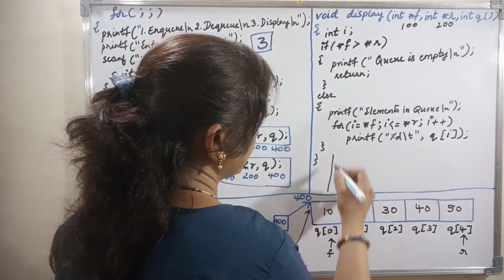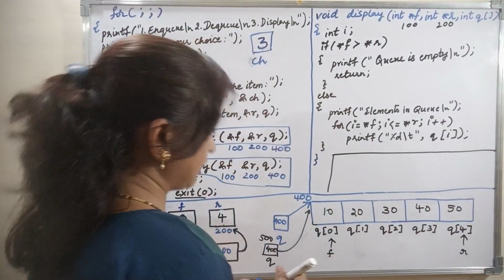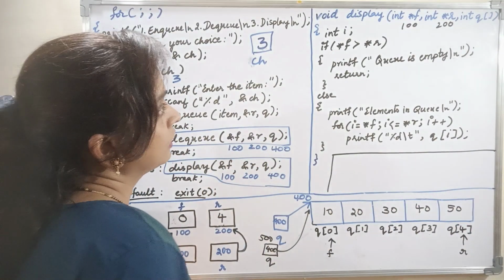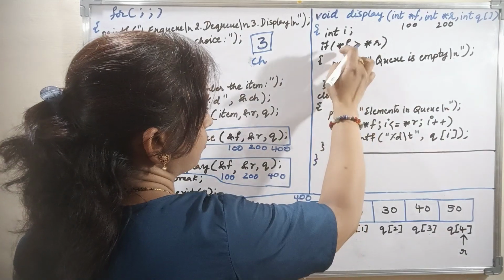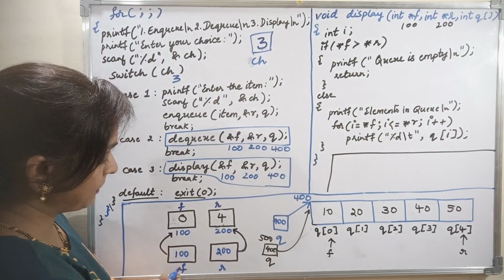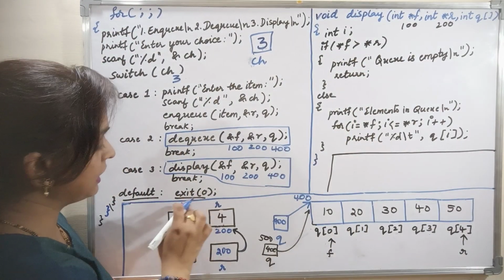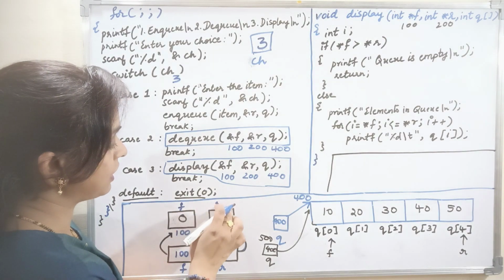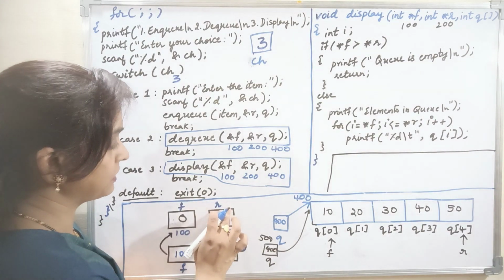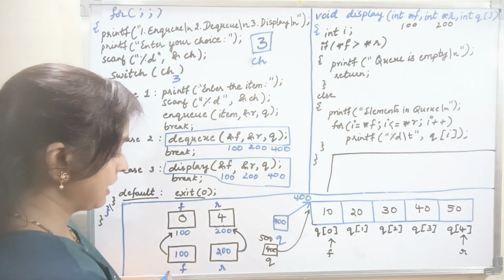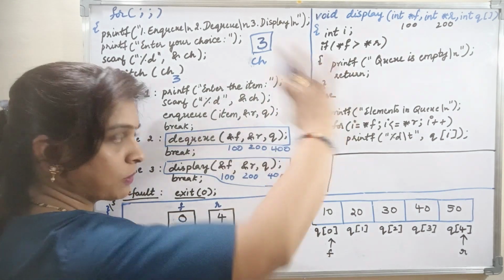Let me write the iteration now. So I need to check pointer f. What is f? Pointer variable f. In the main function also I have taken f and r, but these are normal variables local to the main function. F and r here are pointer variables local to the subfunction.